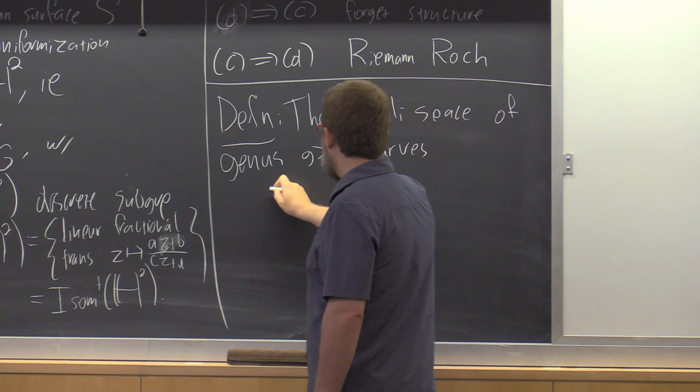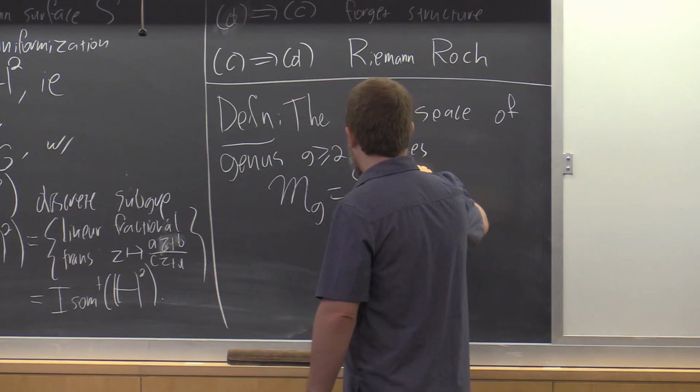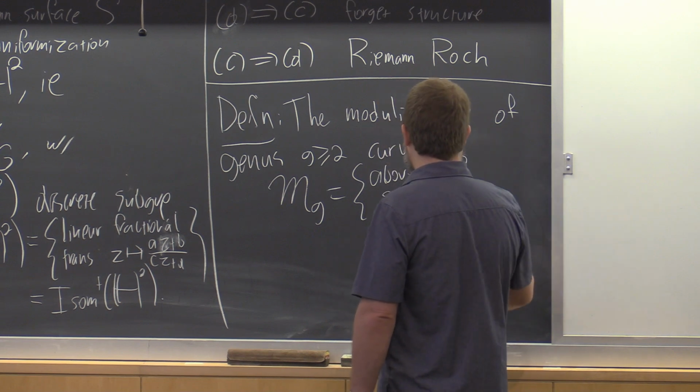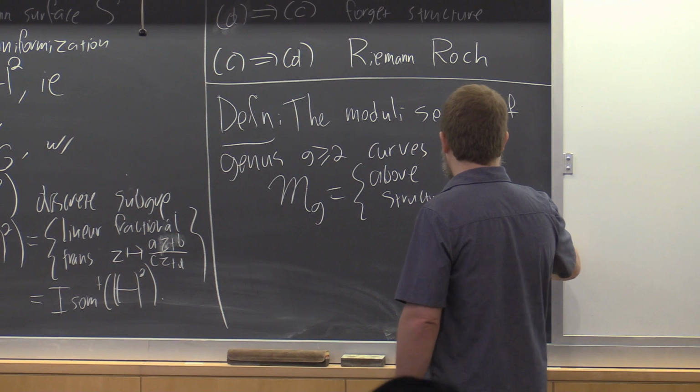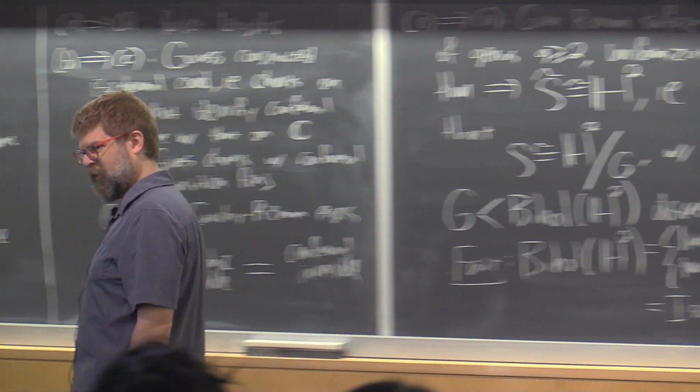So g is equal to the above structures. It's the space of isomorphism classes of the above structured surfaces.